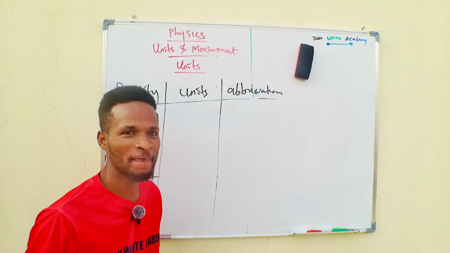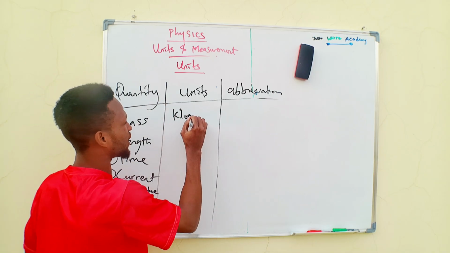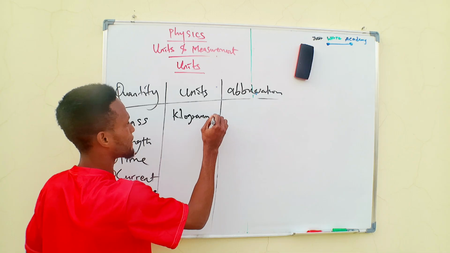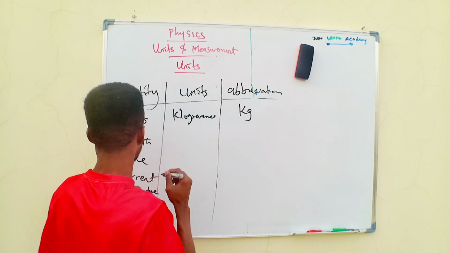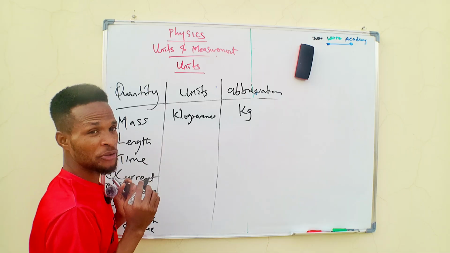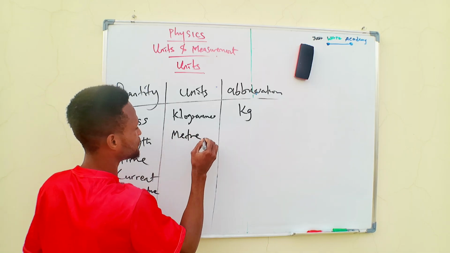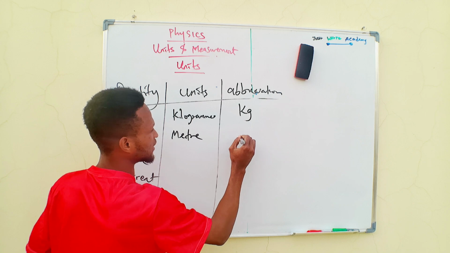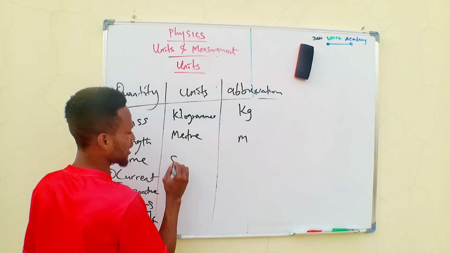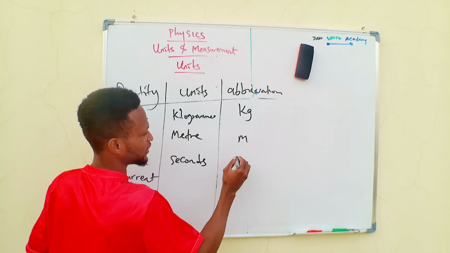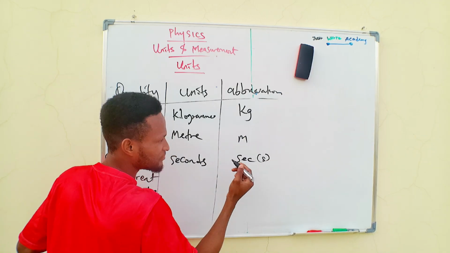The unit of mass is kilogram. Its abbreviation is kg. The SI unit of length is meter, abbreviated m. The unit for time is seconds, s.